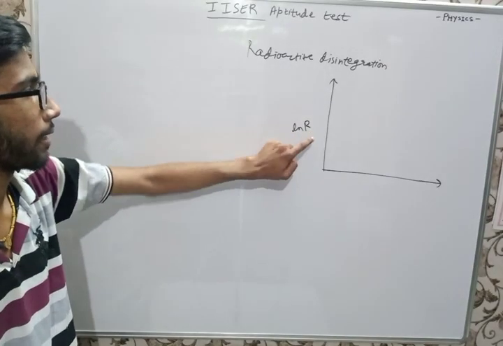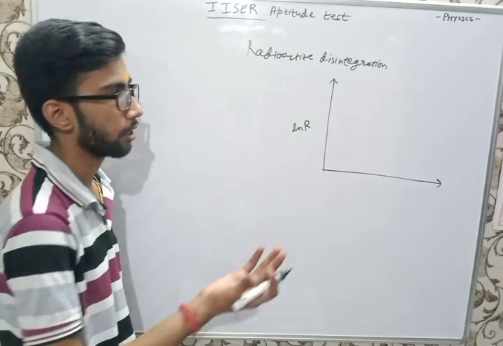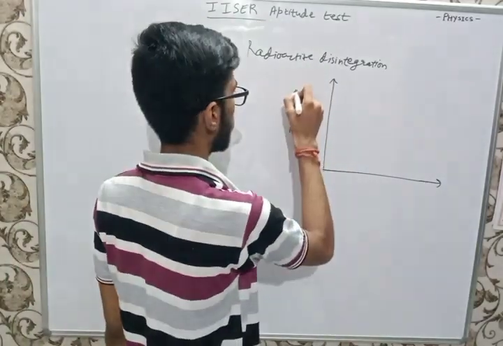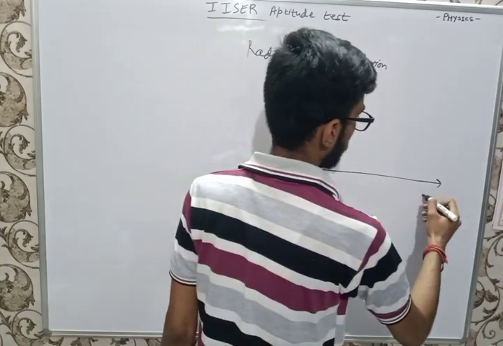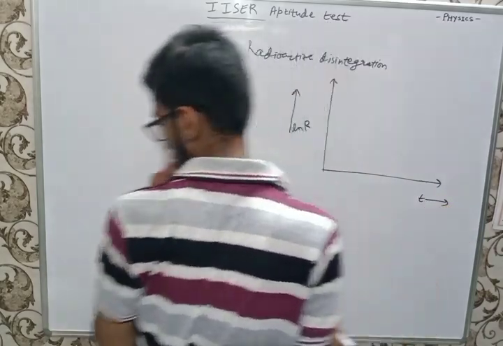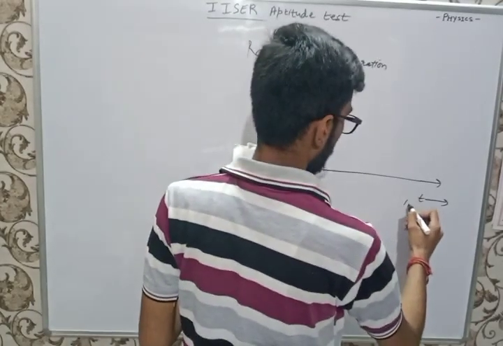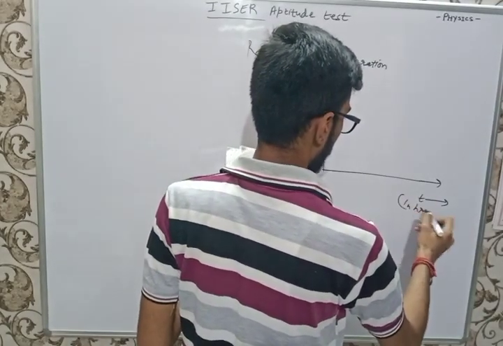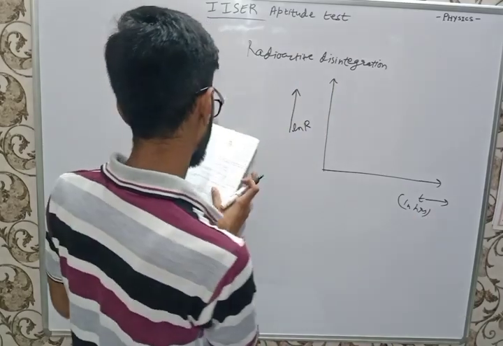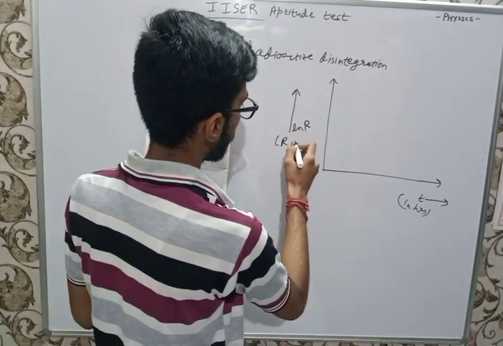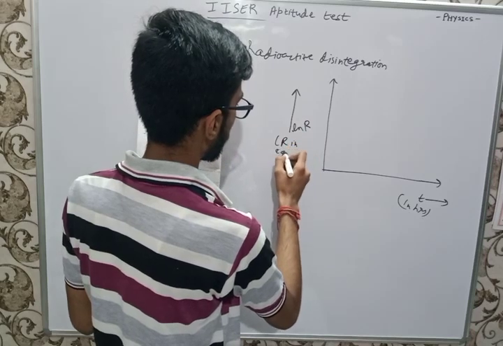It is the activity of the radioactive compound versus time. ln R versus time in this scale. Time is in hours, and R is in counts per second.